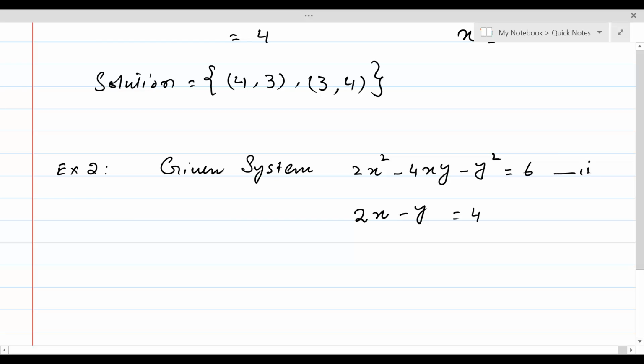So let us call this as 1, call this as 2.